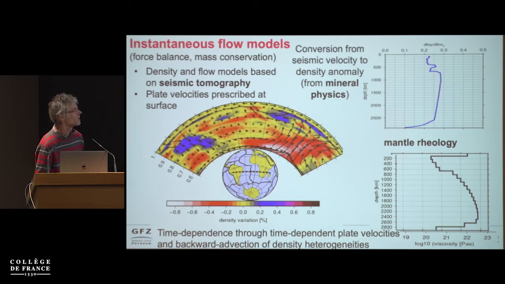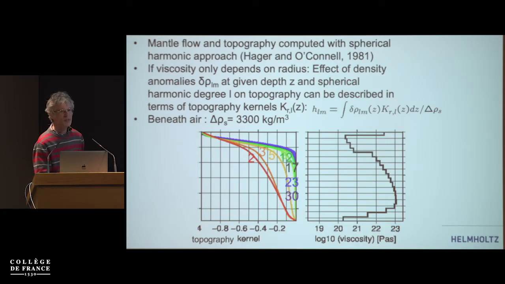In this case it's a little bit simpler because I excluded just the uppermost 200 kilometers, but in principle I can then use this remaining density variation with a radial viscosity profile and a scaling from seismic velocities to temperature to compute mantle flow. And then this mantle flow gives me the dynamic topography, right?